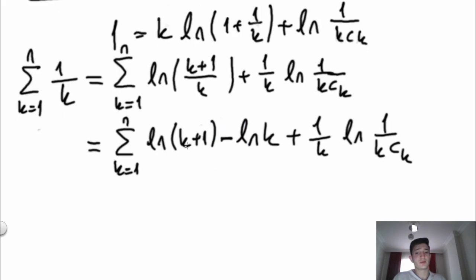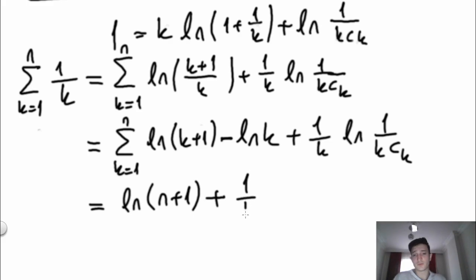And well, if you add this thing, imagine if you put 1, it's just going to give you ln 2 minus ln 1. If you put 2, they are just going to cancel, and I'm going to get the biggest term of the first one and the smallest term of the second one. So if I put n, it's going to be ln of n plus 1. And from this part, I'm just going to get minus ln 1, which is just 0, so I'm not going to write that.